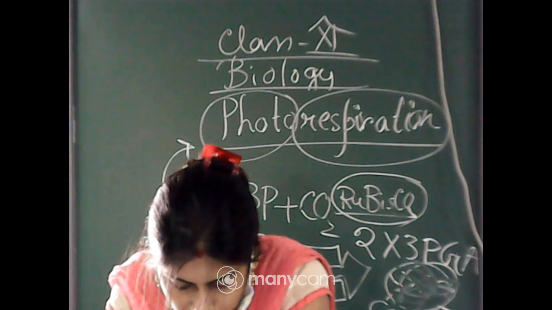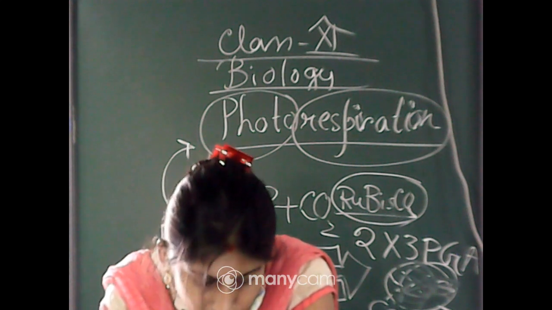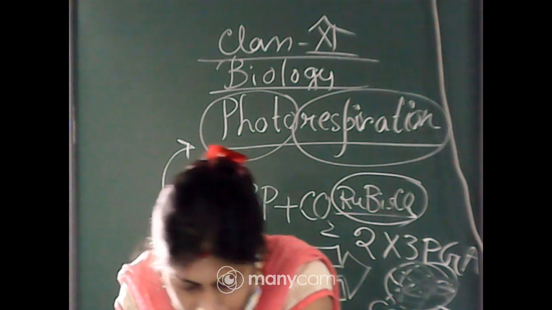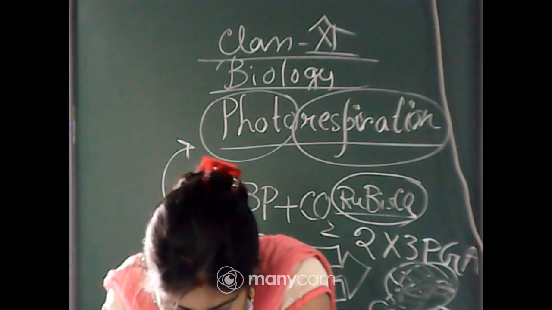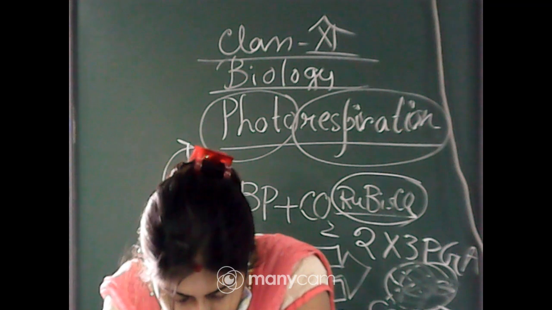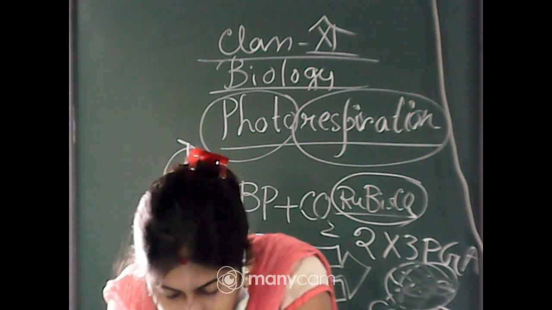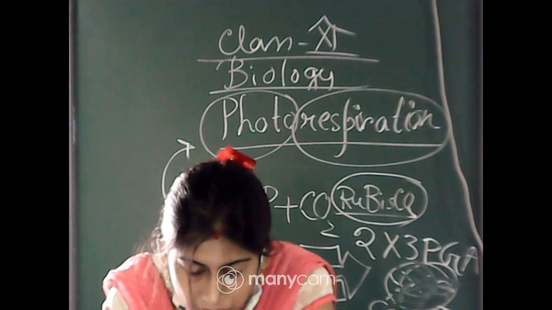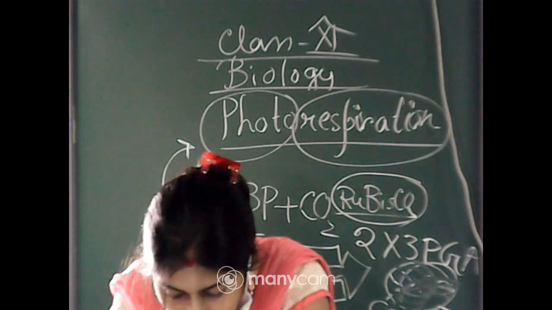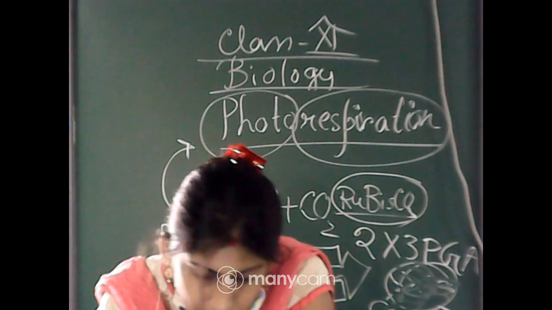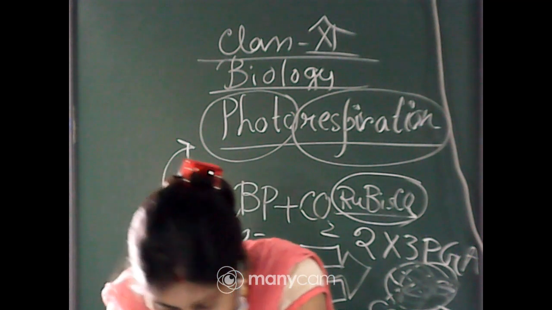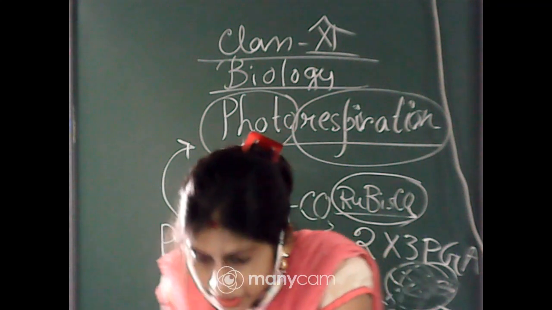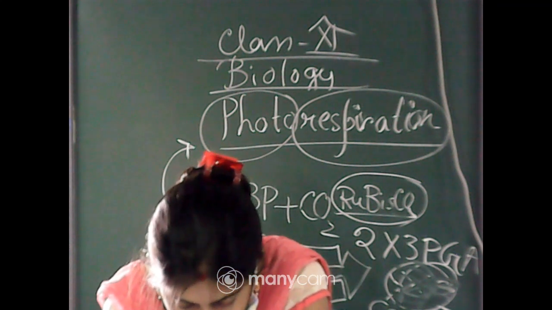In this photorespiratory pathway we will not get sugar or ATP, and it results in the release of carbon dioxide with the utilization of ATP. In the previous pathway we were releasing ATP, but in this case we are using ATP and releasing carbon dioxide, and there is no synthesis of ATP and NADPH in photorespiration.